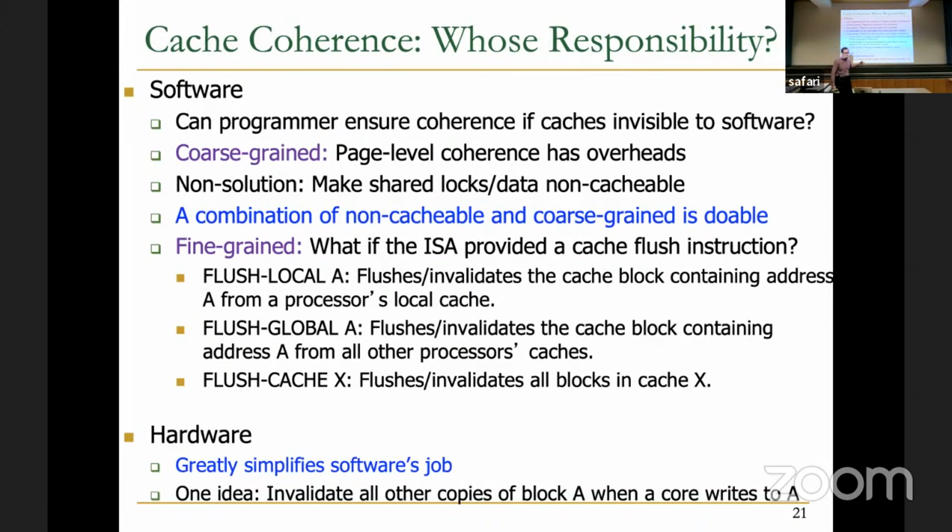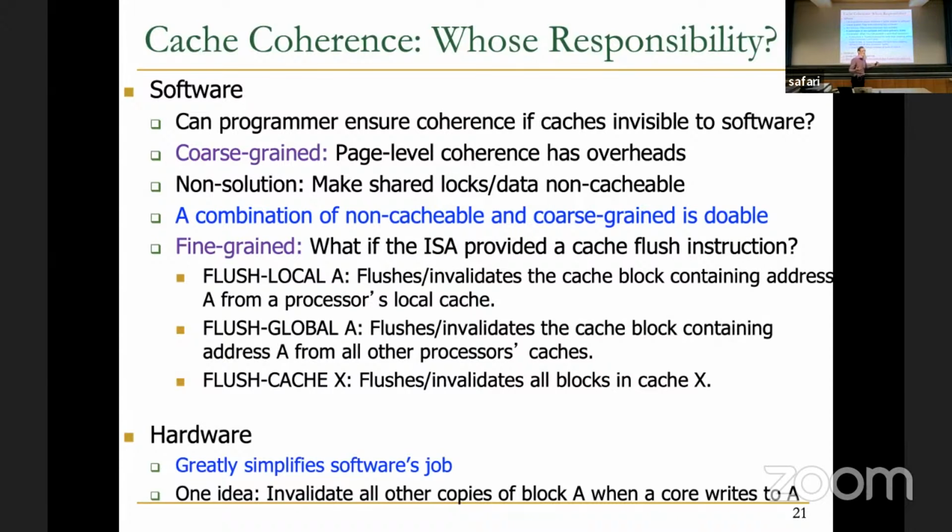For example, I will mention the IBM Cell processor. Maybe I'll mention it right now. These Cell processors are in Sony PlayStations, right? And these folks basically decided in the 2000s that they don't want to have hardware cache coherence because it complicates the hardware. Let the programmer and the compiler enforce cache coherence at the software level. And they figured out that this was a disaster for programmers to program for.